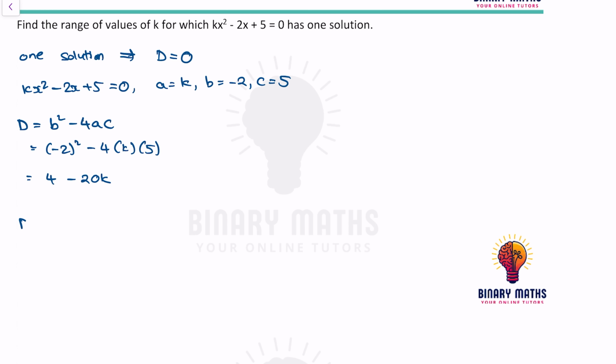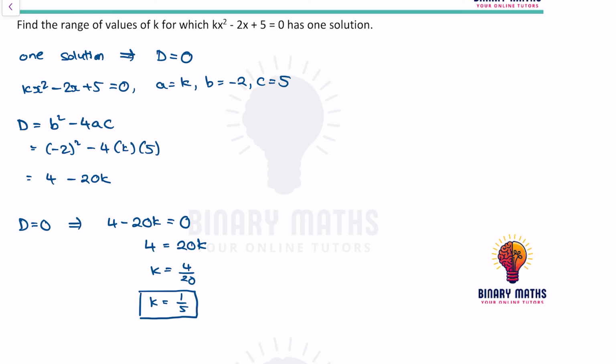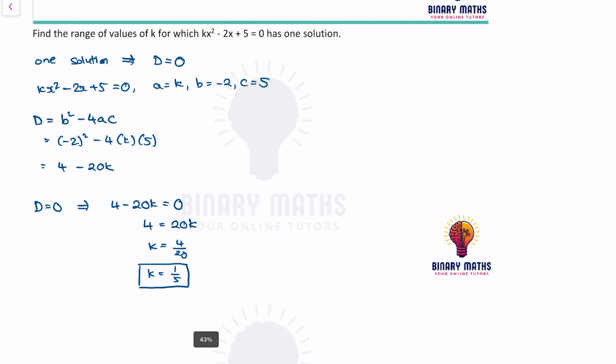Now we know in this case the discriminant is equal to 0, which means 4 minus 20k must be equal to 0, which means 4 must be equal to 20k, so k must be equal to 4 over 20, which means k is equal to a fifth. So that is the solution. And that's where most students would stop.